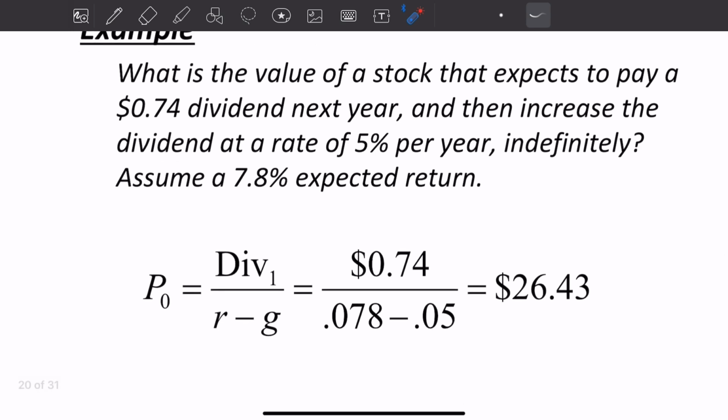P0 is going to equal div 1 divided by R minus G. We substitute for all the variables that we know, so 74 cents for the dividends, divided by 0.078, which is the 7.8% R, minus 0.05, which is the 5% growth rate. And that will give us a fair value for the stock of $26.43. Straightforward.